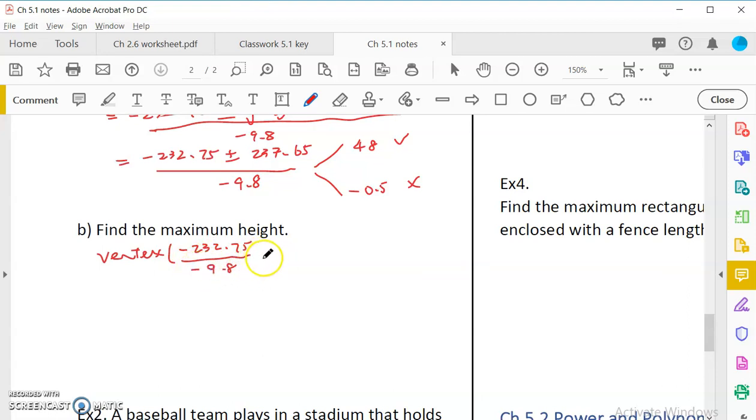That equals 23.75. Put it in the calculator. So this is the h, or t. At this time, k is the height, which is the maximum height.